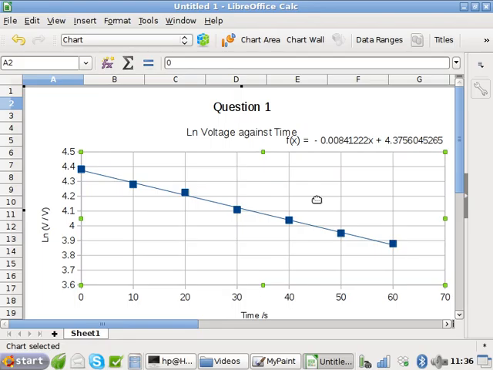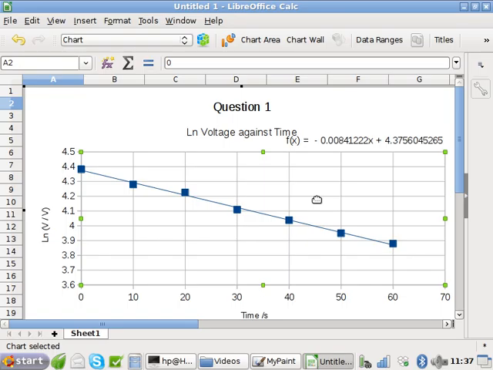And the delta x is just 60 minus 0. So my estimated slope is 0.009, and the correct answer is 0.008. That's okay, it doesn't matter.